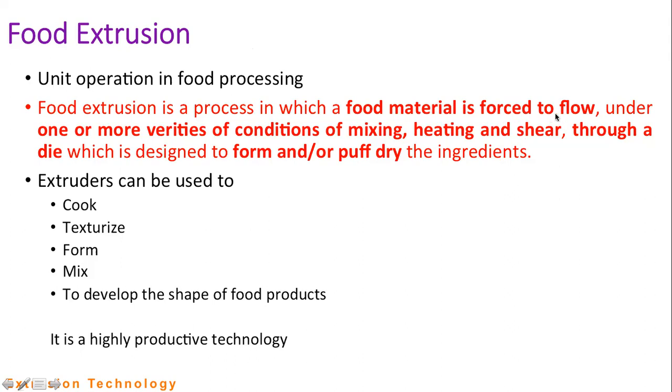There is a force to flow, right? Can you remember the string hopper maker? We push it, then make a force to flow the dough mixture under one or more varieties of conditions of mixing, heating, shearing through a die. There is a die.